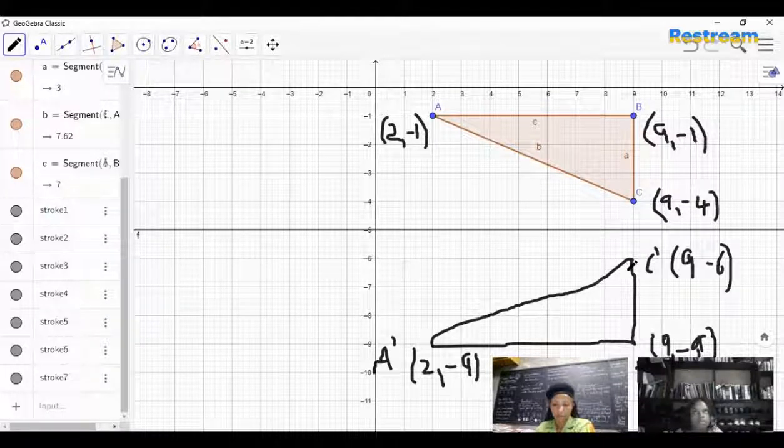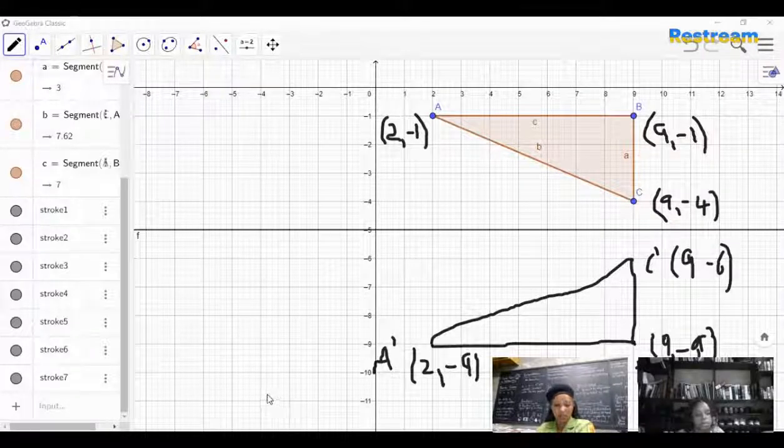So 1 times 2 is 2, and negative 4 minus 2 is negative 6. B prime is 4 spaces down. 4 times 2 is 8. Negative 1 minus 8 is negative 9. And the same for A prime.